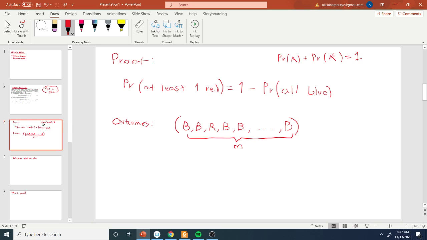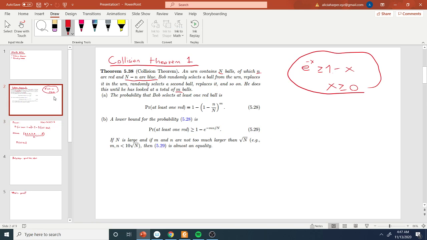So since we're giving all outcomes equal weight, the probability of all blue can be easily computed. It can be computed based on the observation that anytime you draw a ball from this urn, let's see what portion of the balls are blue.